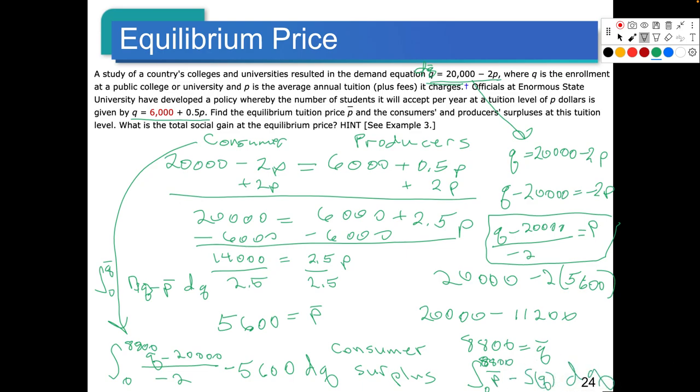So I'll let you set that up. We've got this function up here, but it's with P being plugged in to give us Q, so you need to solve it for P. You need a P equals, okay? Because for the producer, P equals some function in terms of Q, S of Q. And that'll give it to you.